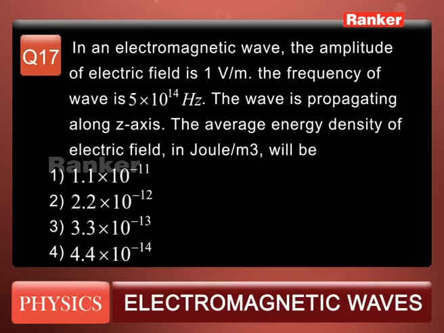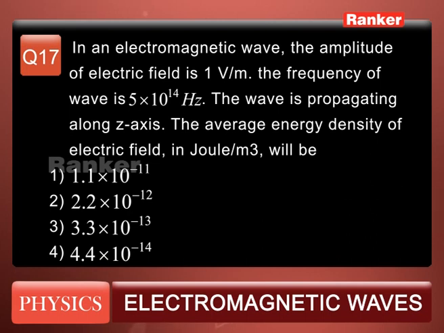Question number 17 is like this. In an electromagnetic wave, the amplitude of electric field is 1 volt per meter, and the frequency of the wave is 5 into 10 to the power 14 hertz. The wave is propagating along the z-axis.